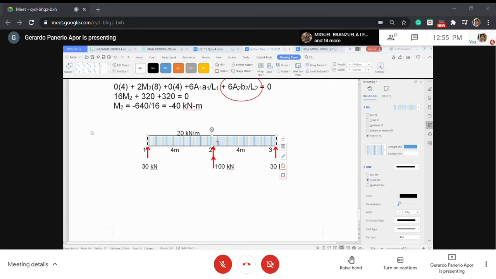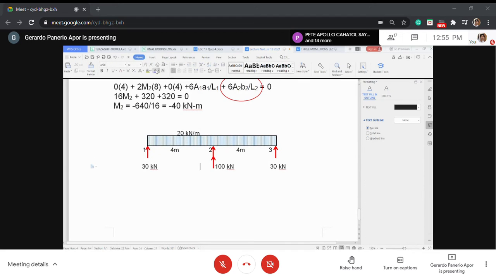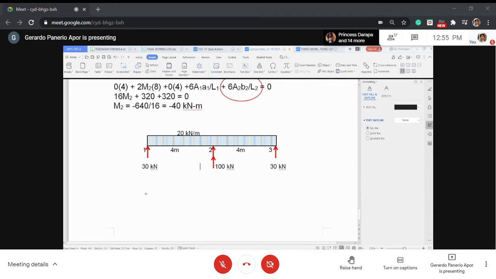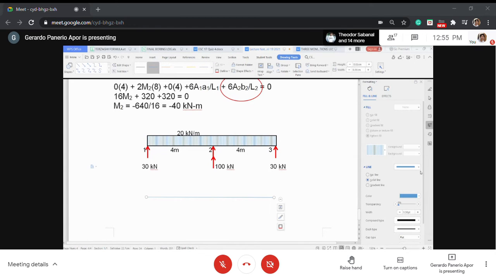what we call this? The shear diagram, no? Shear diagram in this manner. Okay, that's the length. Okay, so I will make that bigger, and I'll choose the color.